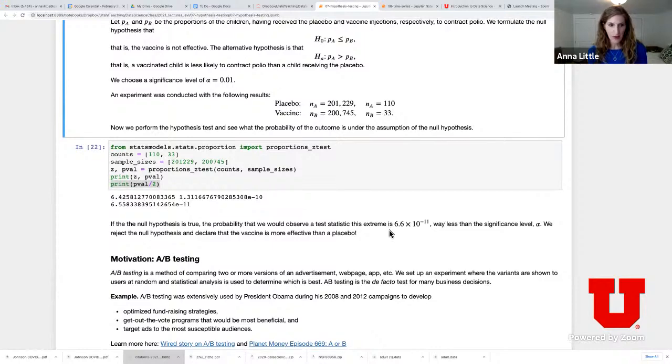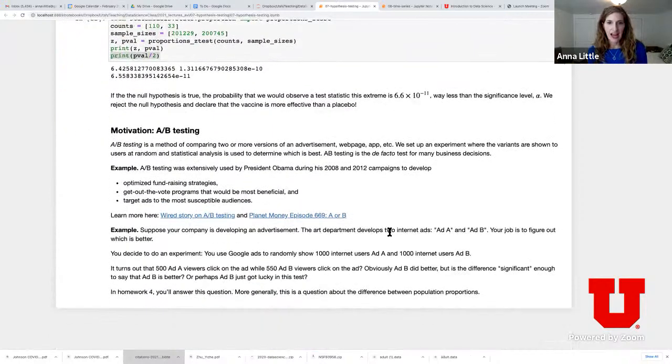Okay, and then in the homework, you'll be looking a little bit at A/B testing. I'm not going to talk about this a lot, but I just want to give a little introduction to what we're talking about.